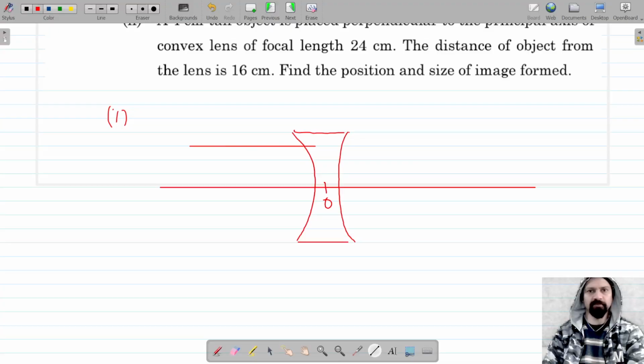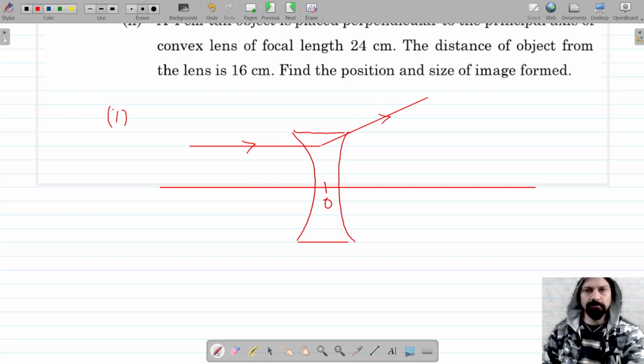Now the ray of light is incident parallel to its principal axis, and it will be refracted like this. We have to give the directions. It seems to be coming from the first principal focus.